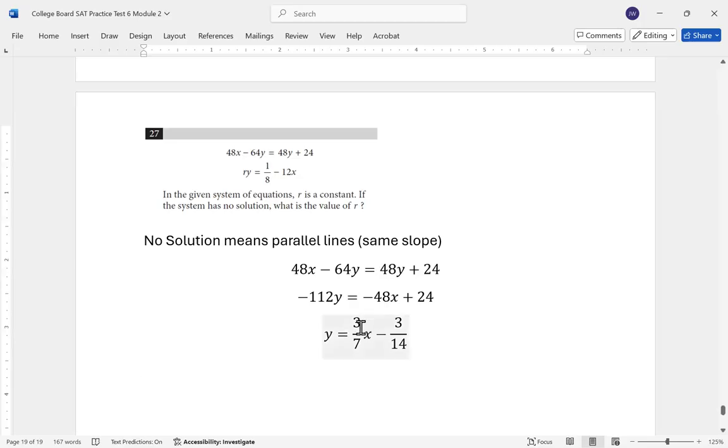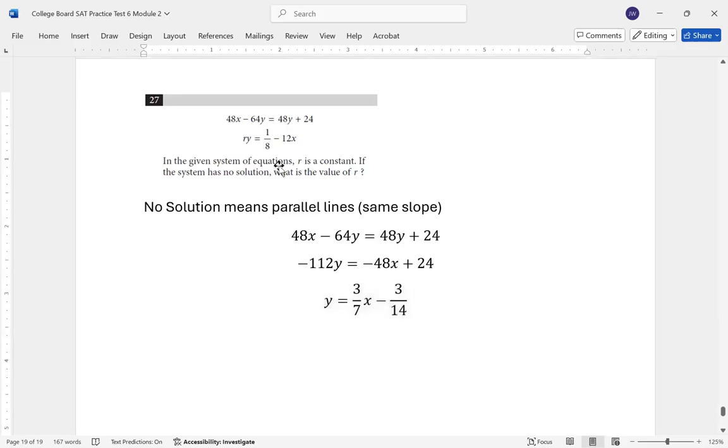So that is the first line rewritten in slope-intercept form. Now let's rewrite the second line in slope-intercept form. We have ry is equal to 1/8 minus 12x. Since slope-intercept form has the x in front, I'm going to write that as negative 12x plus 1 over 8.